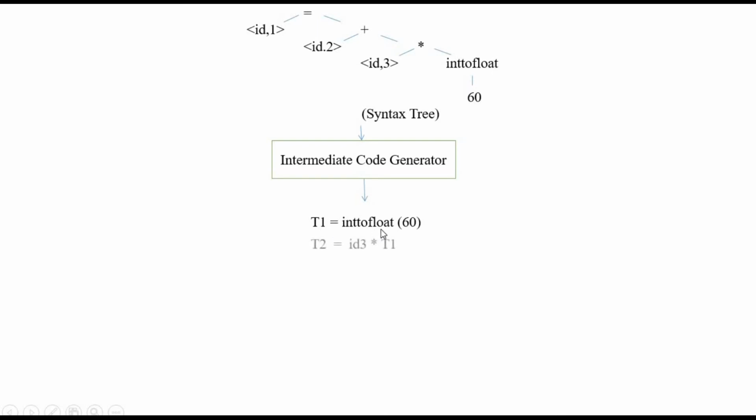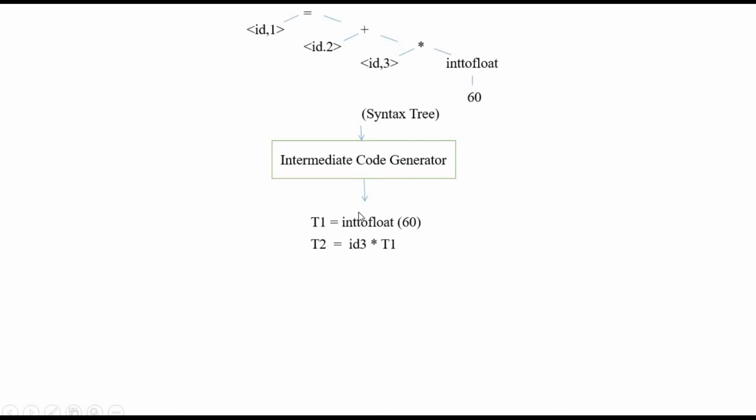Then the result of this is stored in T1, which is multiplied by id3. So here I can write id3 into T1. The result of this expression is stored in another temporary variable T2. Here you can see that I used a maximum of 3 operands, T2, id3 and T1. In between these 3 operands there are 2 operators.